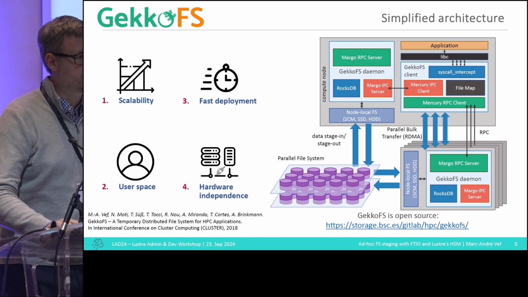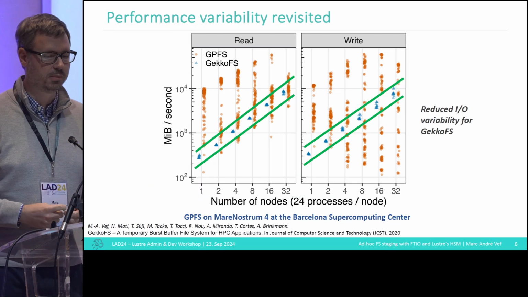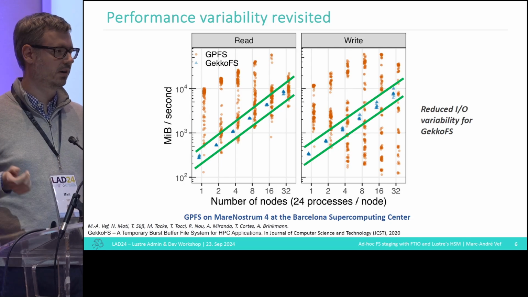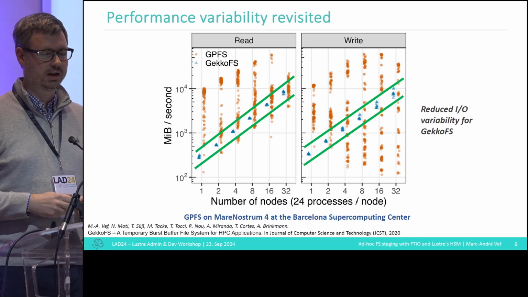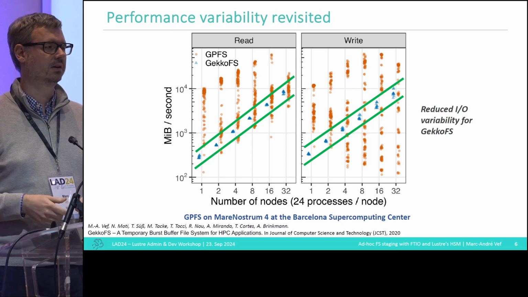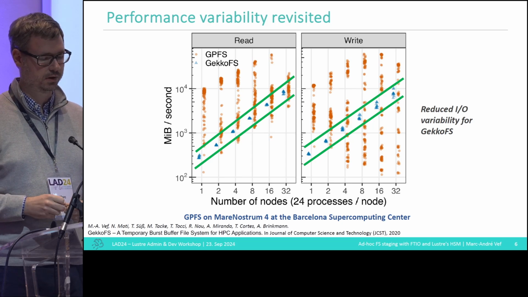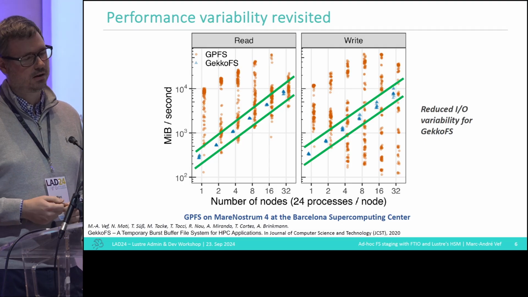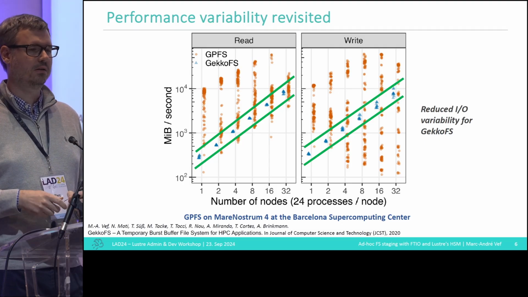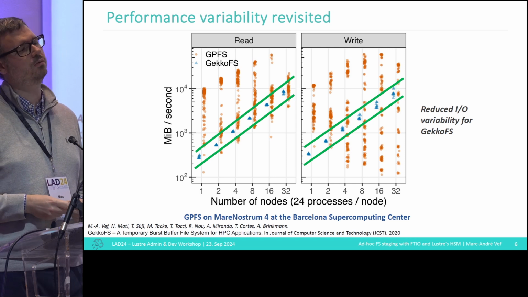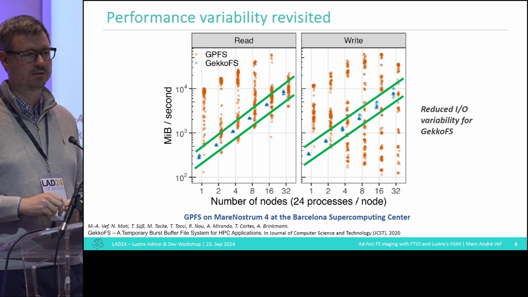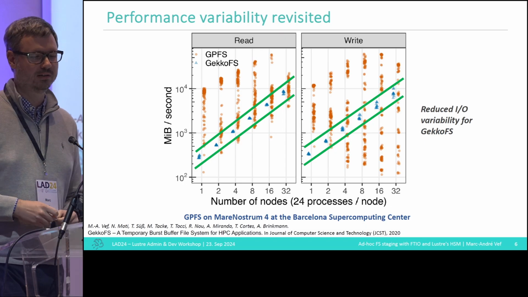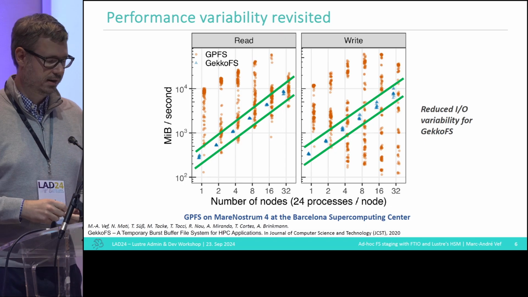And if we go back to the slides I had before, with the variability, of course, because each application is using its own file system, you no longer have this variability, and you see basically linear scaling, right? And so this works well for applications, but of course this really depends on how many nodes you have, what kind of node local storage you have, how fast the parallel file system is, and whether the application is I/O bound or not, right?